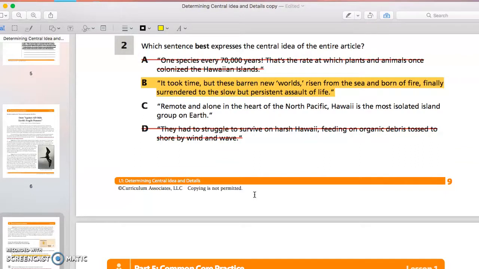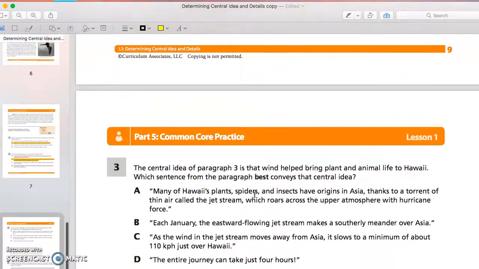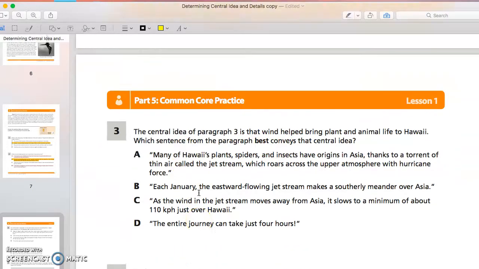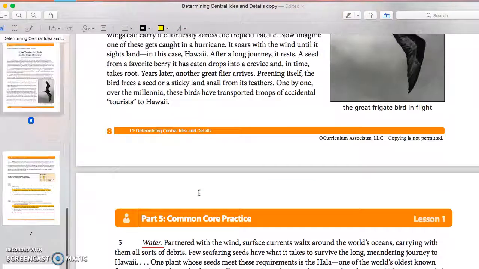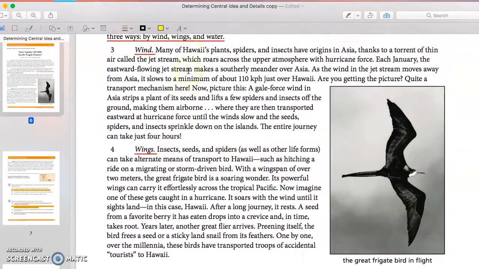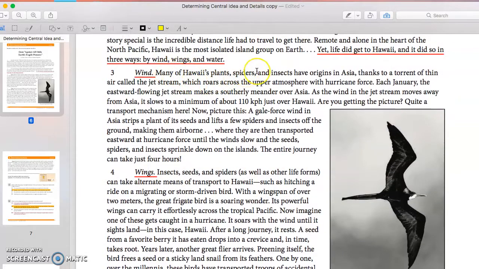Alright, when looking at 3, the central idea of paragraph 3 is that wind helped. So which statement is the most important to wind? So I need to go read about wind. Insects, seeds, and spiders all like to, oh, that's wings. Where's wind? Many of the plants, spiders, and insects have origins in Asia because of the jet streams.